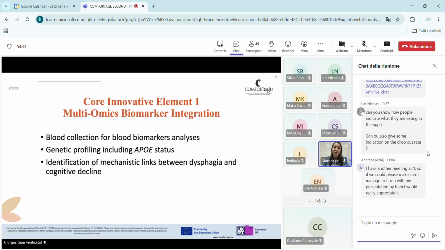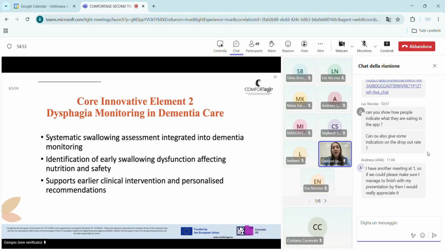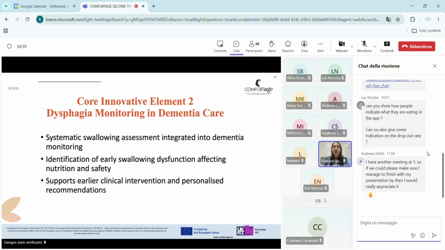Here we have the core innovative elements. Firstly, we have the multiomics biomarker integration. We are collecting the blood, so we can do the biomarker analysis and see whether we can identify any links between dysphagia and cognitive decline. Here we have the dysphagia monitoring for dementia care.